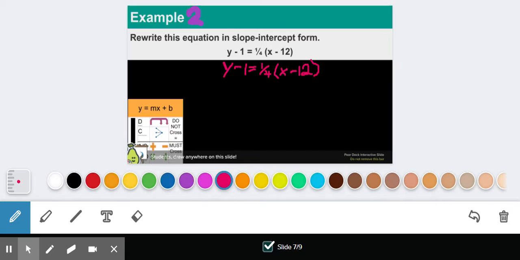A lot of people look at this and they're like, well, I need to get the y by itself, so I'm just going to add 1 because I can just get rid of that 1 and then I'm done. But that breaks our rules. That is not what we're going to do here, because we didn't follow our pattern, we didn't follow our order, we didn't follow our rules. And this is not just a Miss McNabb way of doing things. This is like the math order of doing things.